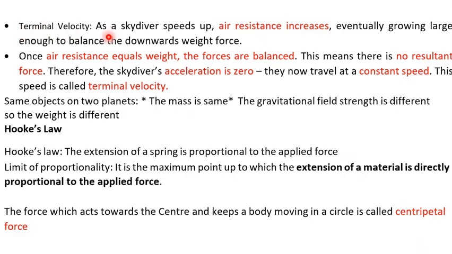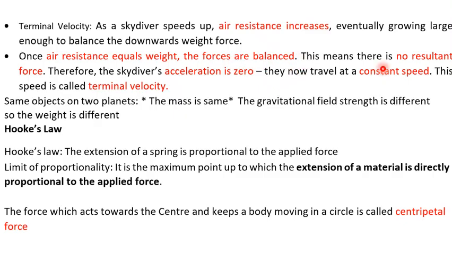Terminal velocity. When a skydiver jumps, he accelerates, that is, speeds up. When his speed increases, air resistance will also increase. At a certain stage, air resistance will be equal to, or balanced by, his weight. So the forces will be balanced.